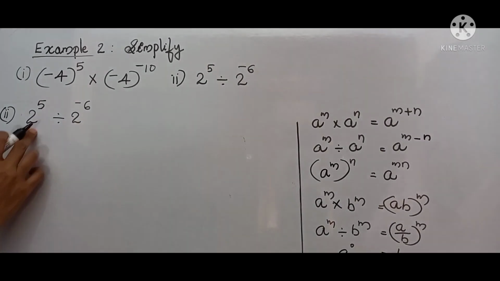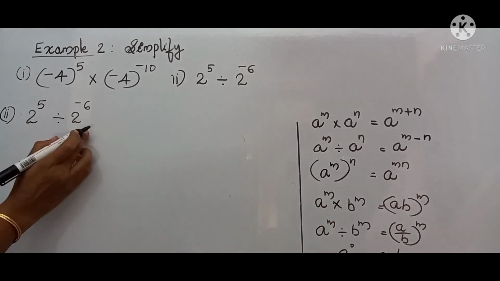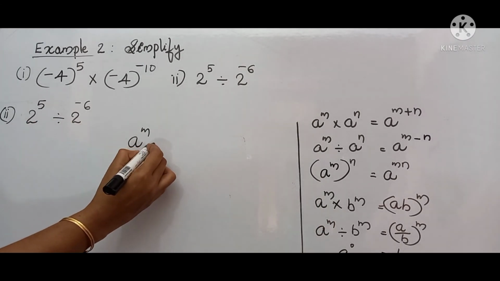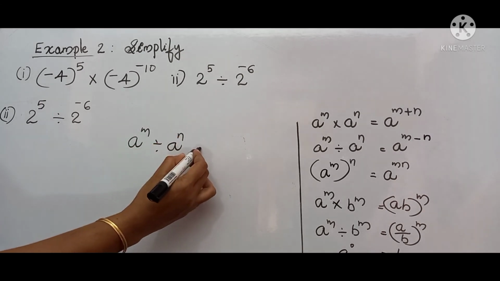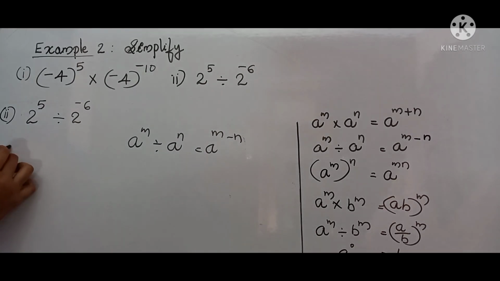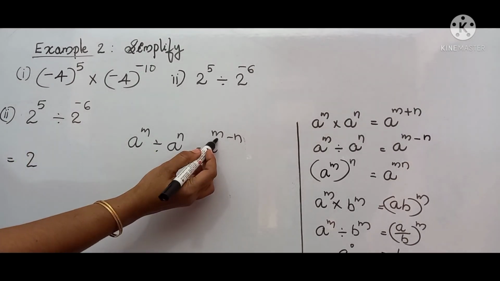This we can write, the bases are same, 2 and 2. So which law can we apply here? A raised to m divided by a raised to n is equal to a raised to m minus n. This law only we are applying here. So when we apply this law, we can write that is equal to, instead of a, the base is 2 here, raised to the power m minus n.